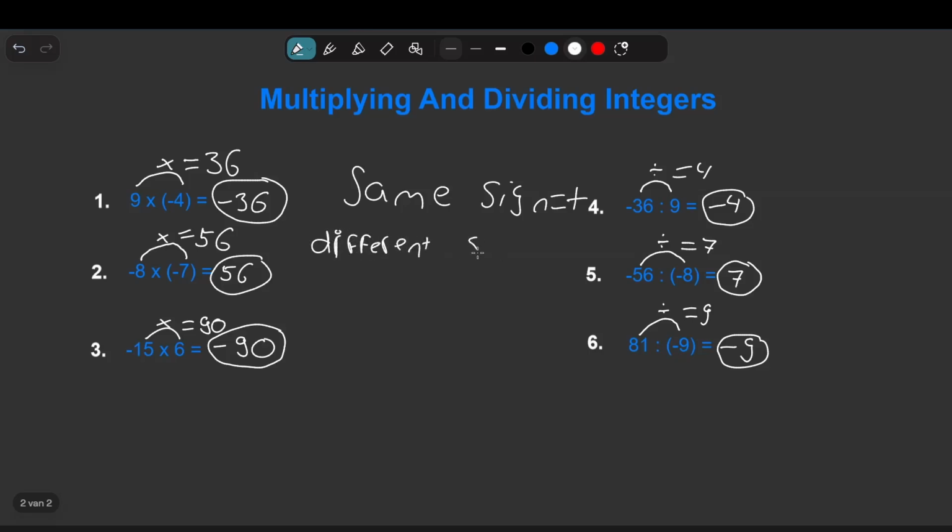Different sign equals negative. I'm sorry, guys. You guys can probably see I'm not an English teacher with my handwriting. So, that rule works for multiplication and division. Now, once you know the sign, solve the problem normally. With a little practice, these problems become very quick and easy.